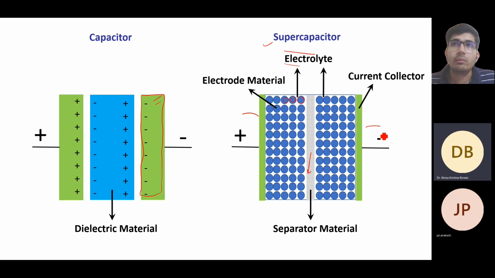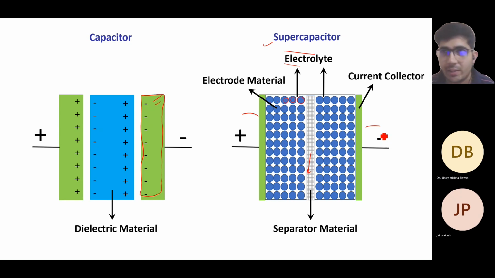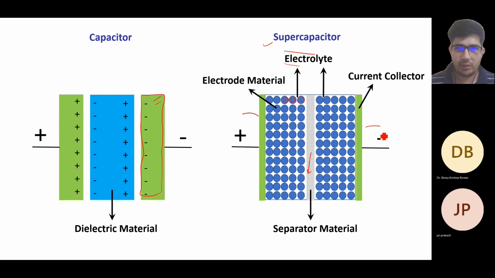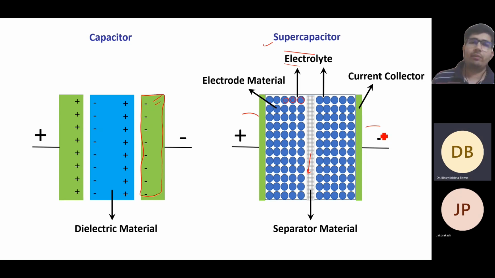Only I have a doubt. The charge discharge rate, which one is faster in comparison between the capacitor and supercapacitor? Charge and discharge rate. Right, sir. Okay, I think we will take this question at the end of the class because otherwise it will disturb the class. At the end of this class, sure, we will discuss this. Sure, sir. Okay.